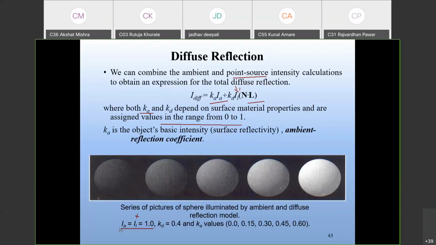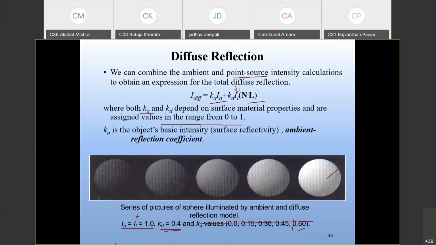If both are equal to 1, meaning the highest intensity of light is there in the scene, and the diffuse reflection coefficient Kd is 0.4, and there are different values of the ambient reflection coefficient from 0.0 to 0.6. When it is less, the intensity is also less, and when these values increase, you can see the intensity is also increased.